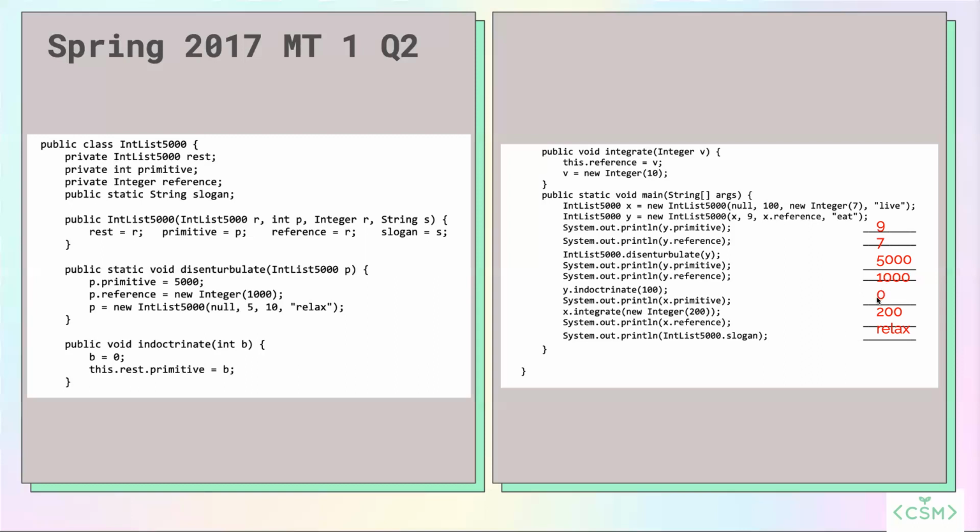I think it's because this main method is still running, if that makes sense. So it's kind of like referring to Y still as that. Am I correct?